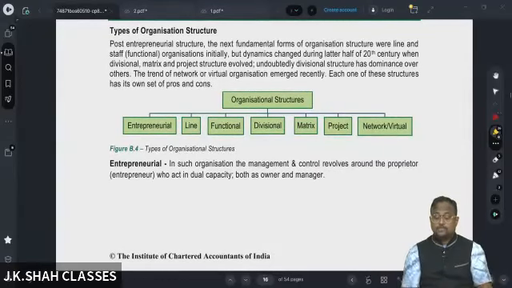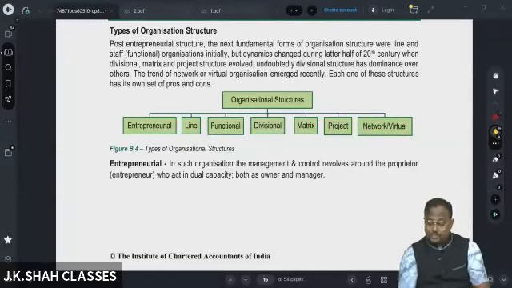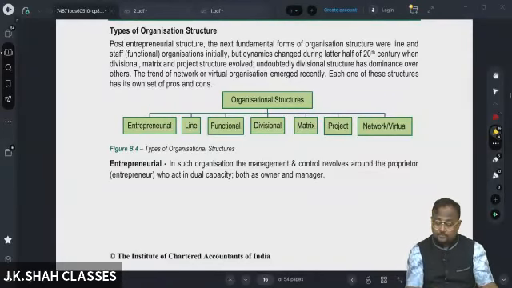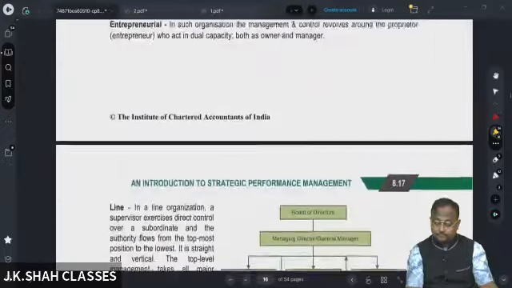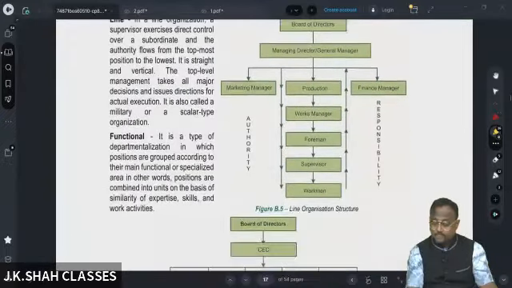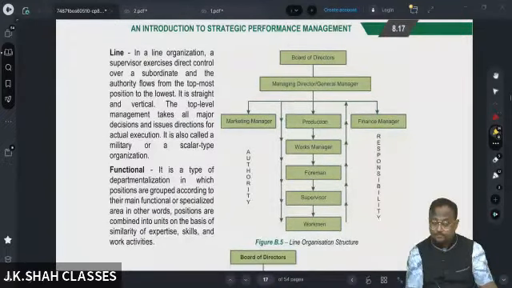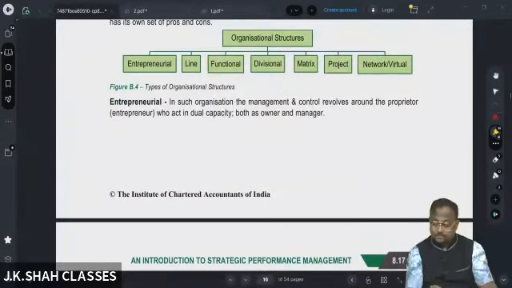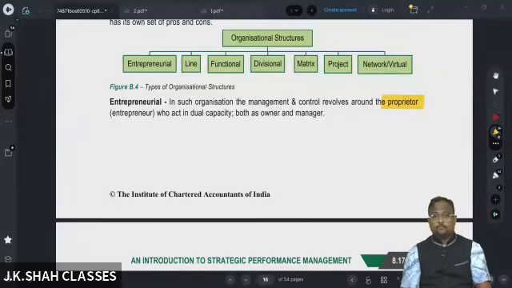Look at the structure. Types of organizational structure: entrepreneurial structure, line, functional, divisional, matrix, project, and network. Entrepreneurial, as I discussed earlier. See, entrepreneurial means dictatorship, autocratic way.